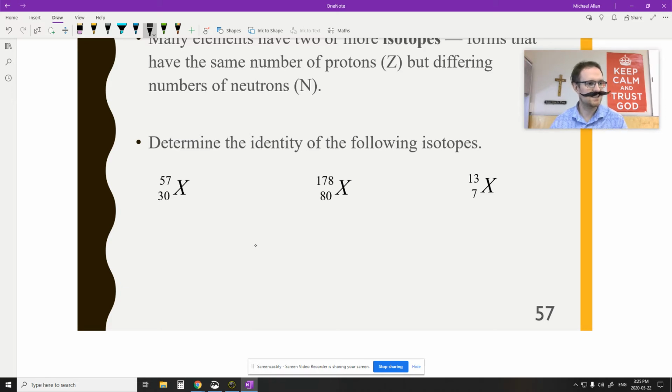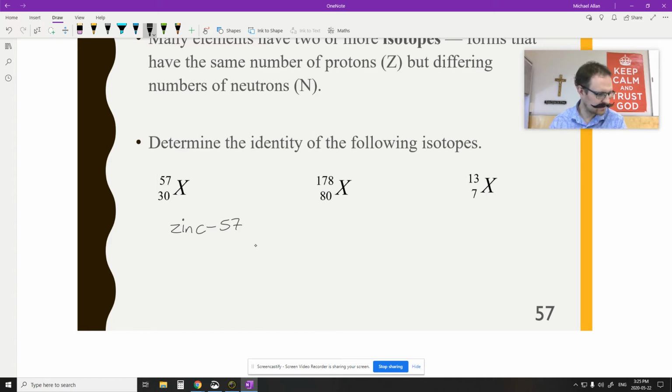So this is zinc. And this isotope is zinc 57. The most common zinc is 65, right? If I round that number down, it would be 65. That's the most common isotope. So zinc 57. So most likely this is probably radioactive as well. Usually the non-common ones are radioactive. We'll talk about that later on.